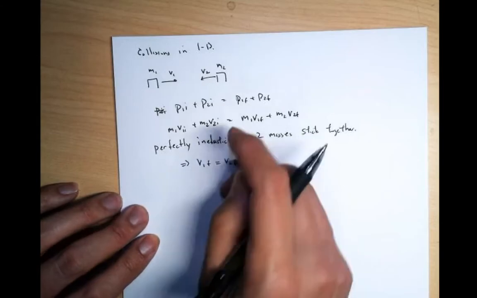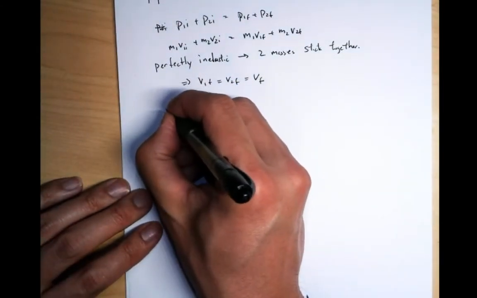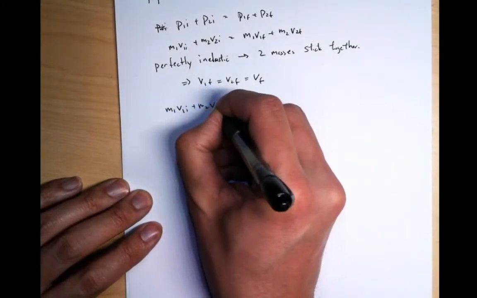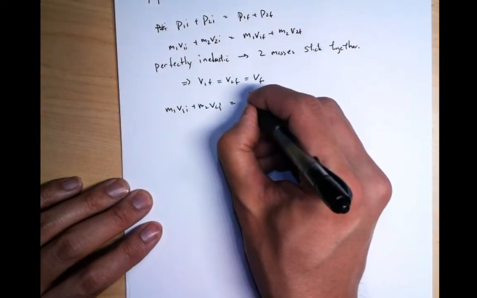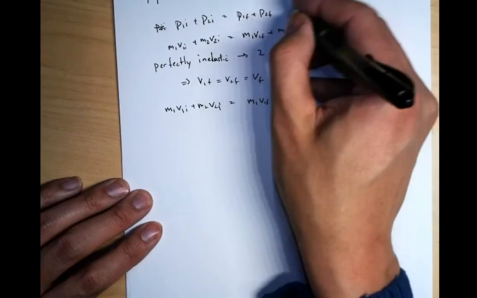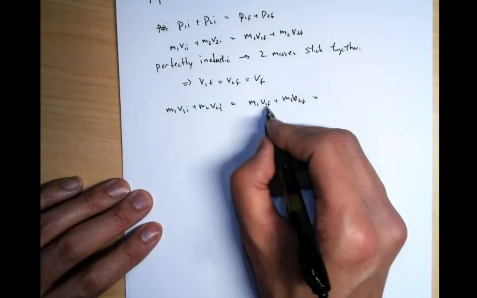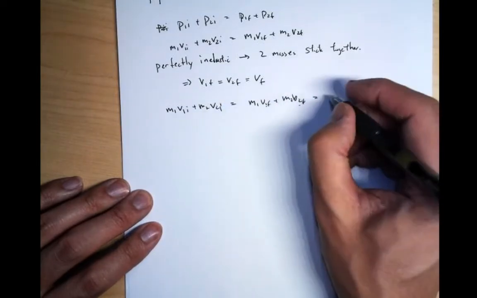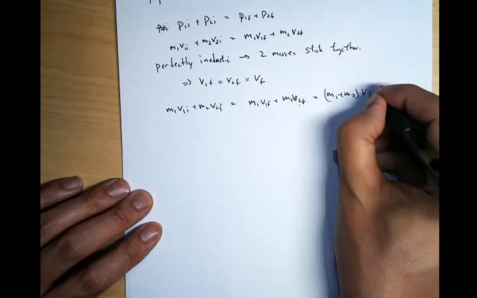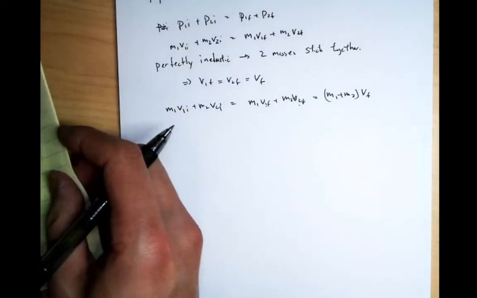That's the extra condition there. So we have m1 v1i plus m2 v2i equal to m1 v1 final plus m2 v2 final. That's just the expression of conservation of momentum. And V1F and V2F are the same, so this just becomes m1 plus m2 times VF.